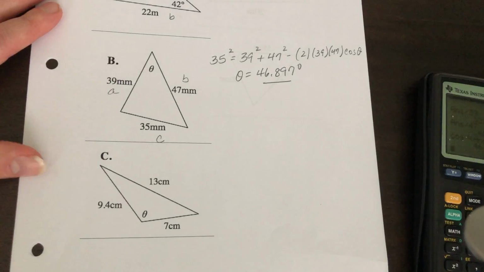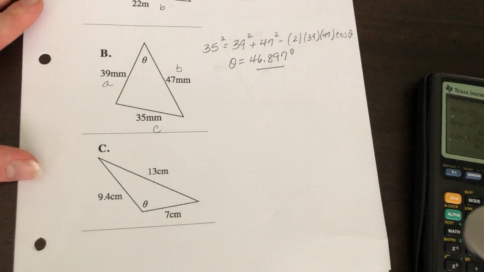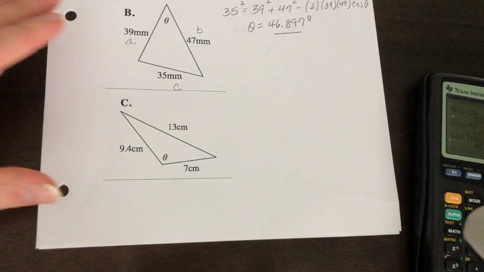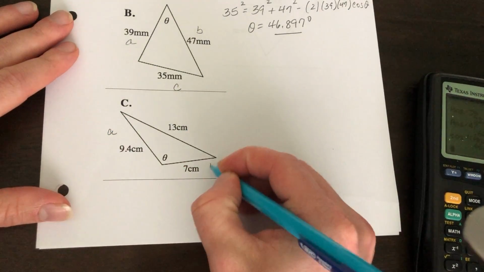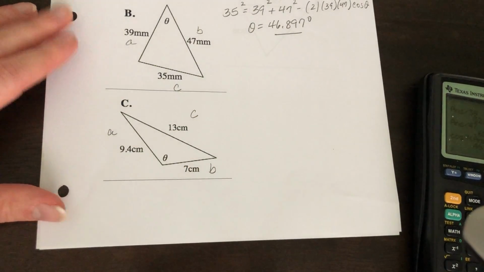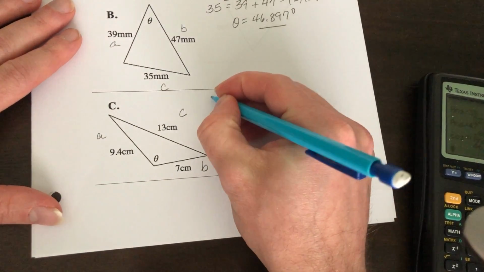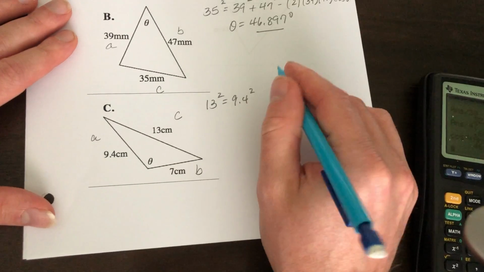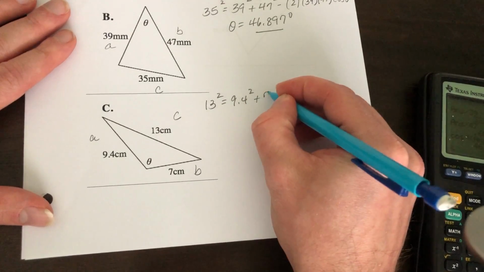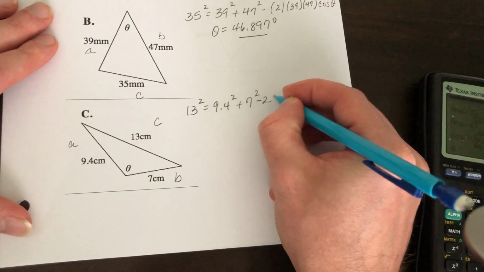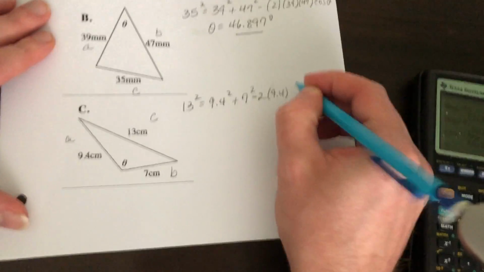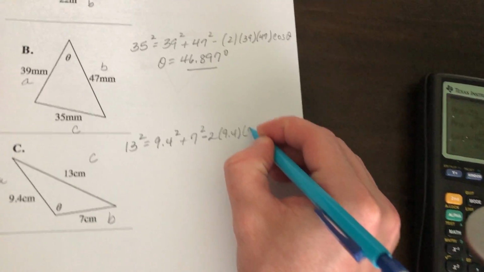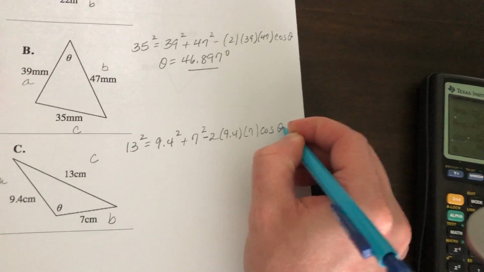Okay? On this one, we have three sides, and we're looking for the included angle. So this is going to be A, this is going to be B, this is going to be your C. So we're going to say 13 squared is equal to 9.4 squared plus 7 squared minus 2 times 9.4 times 7 and cosine of theta.